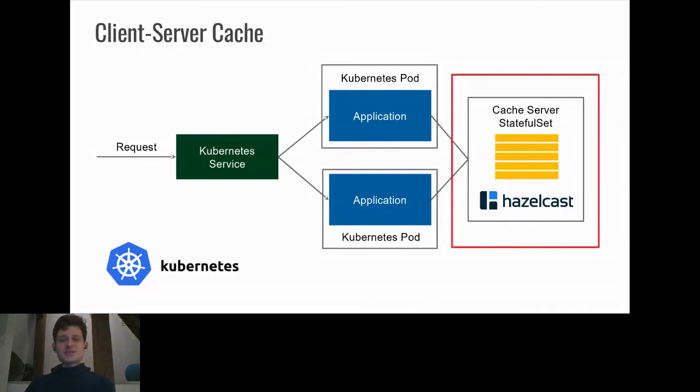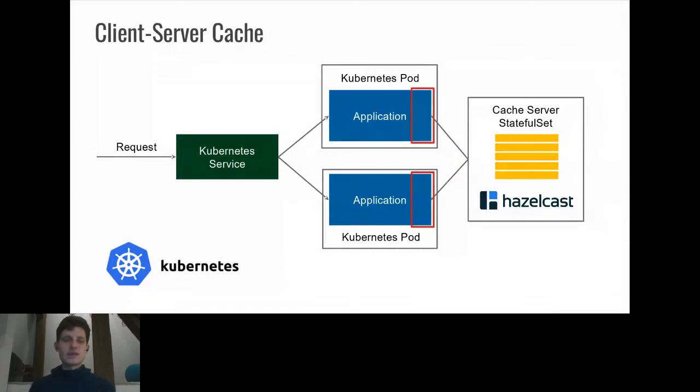Now, there is also a second difference if you compare it to the embedded mode. The second difference is that now your application uses a cache client, which connects to the cache server with some well-defined protocol. And that means that your application can be written in a different programming language than your cache server.